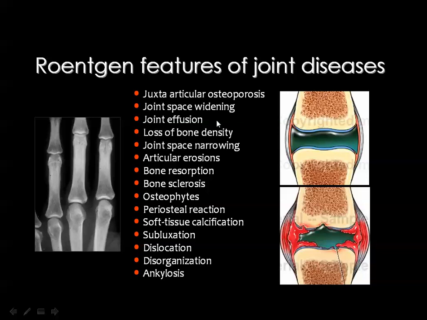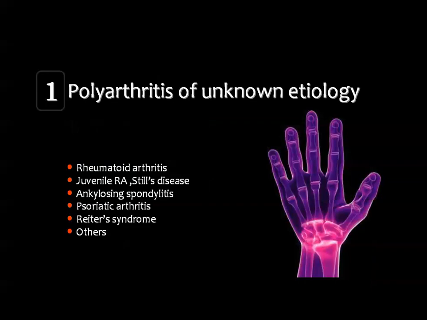Also, joint effusion is a manifestation of joint disease, loss of bone density, joint space narrowing due to erosion and the destruction of the articular cartilage, articular erosions, bone resorption, bone sclerosis, osteophytes, as in cases of osteoarthritis, periosteal reaction, soft tissue calcification, subluxation, dislocation, disorganization, and finally loss of the joint by ankylosis, which is first by fibrous ankylosis, then follows total bony ankylosis of the joint.